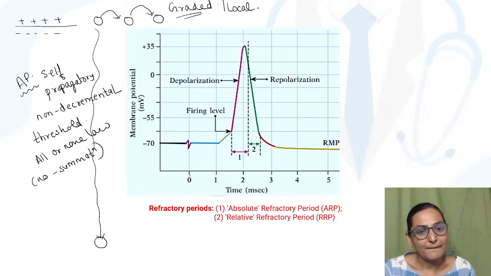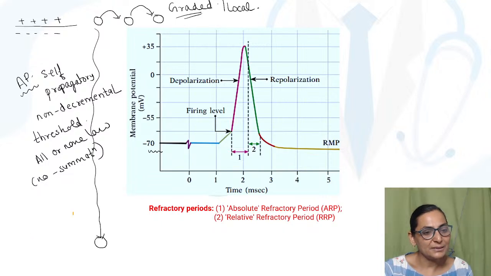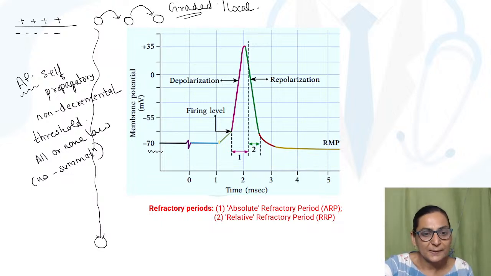Now, this is the neuron with an RMP of minus 90 millivolts. Now, once you give a threshold stimulus, this is very, very important. What is this?